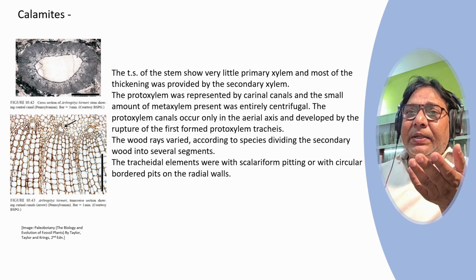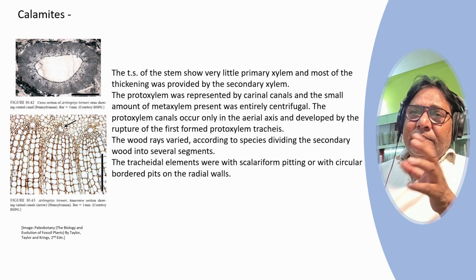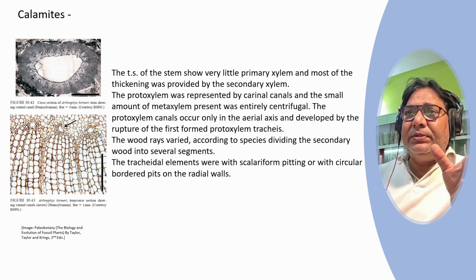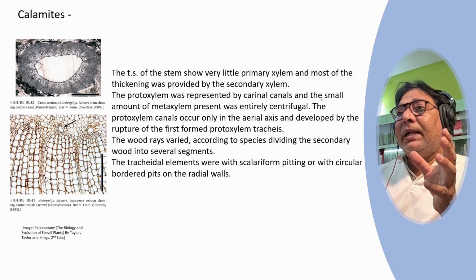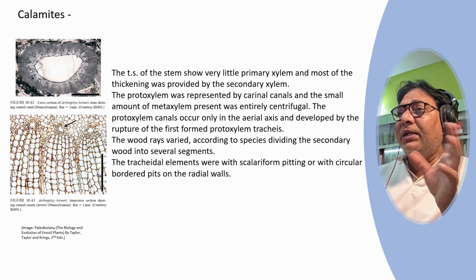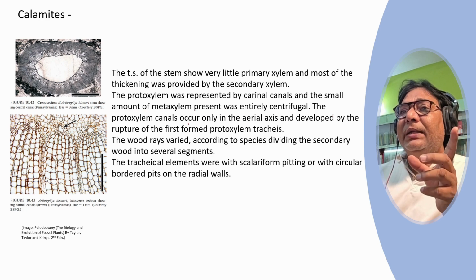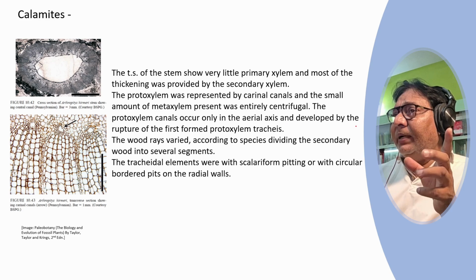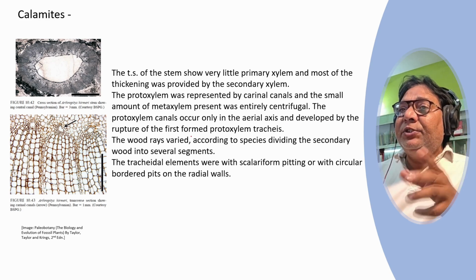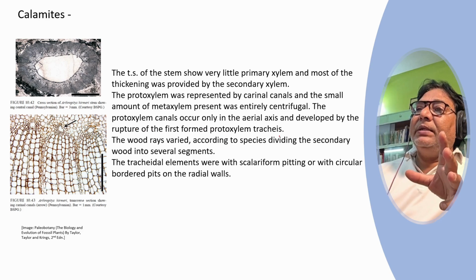And they are separated into different strands by medullary rays, also called wood rays, into separate fragments or segments of strands. The protoxylem was represented by carinal canals, and the small amount of metaxylem present was entirely centrifugal. The protoxylem canals occur only in the aerial axis and developed by the rupture of the first formed protoxylem tracheids.